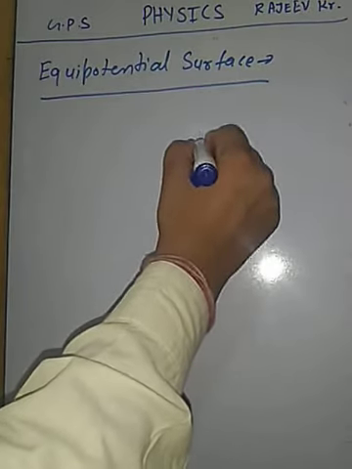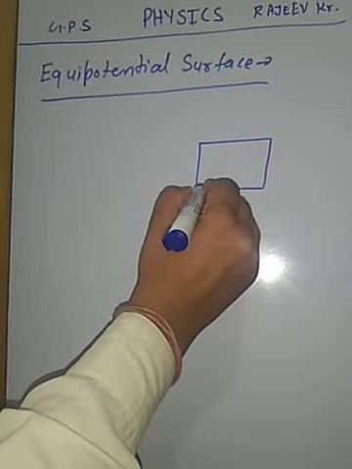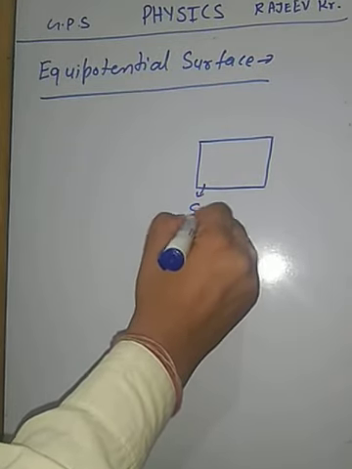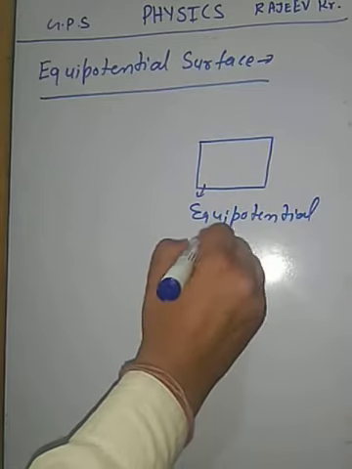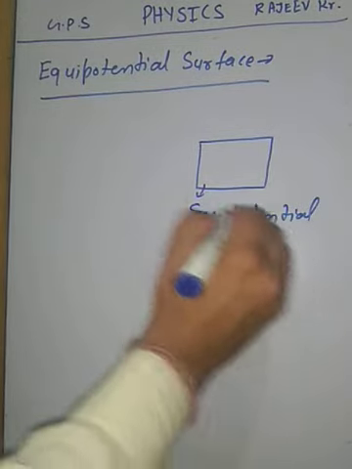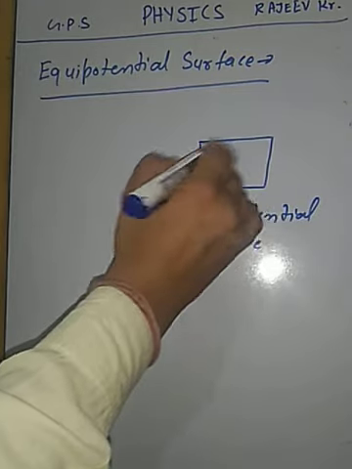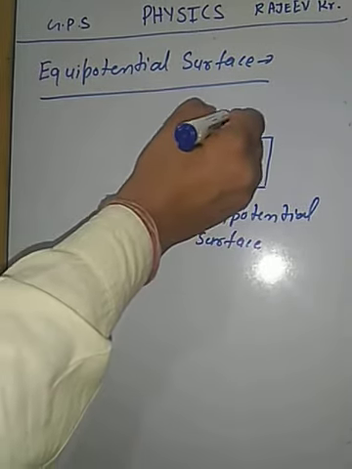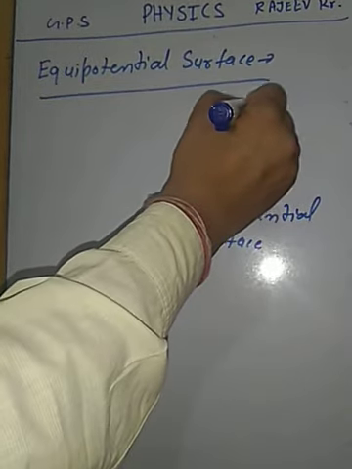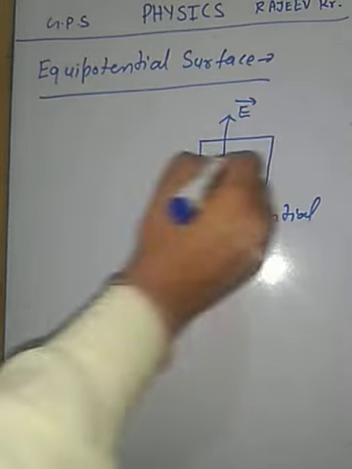For example, consider an equipotential surface. Suppose A is a point. This may be the direction of the electric field.